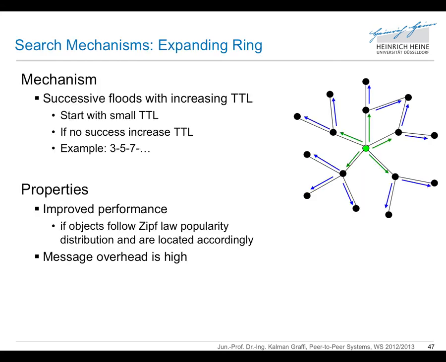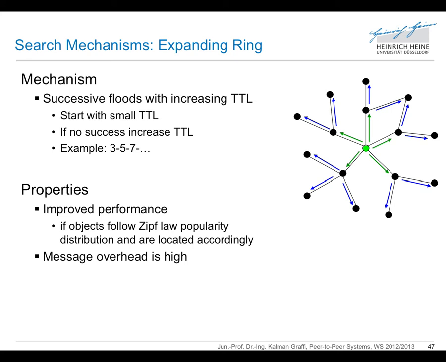Okay, how can this be made easier and simpler, to not always flood the whole network or a large part of it if you're looking for Justin Bieber? We could start with a small time to live. So the hop range is, for example, first 3, and if we don't find the content in this small hop range, then we increase it to 5, and then if we still don't find it, we increase it to 7.